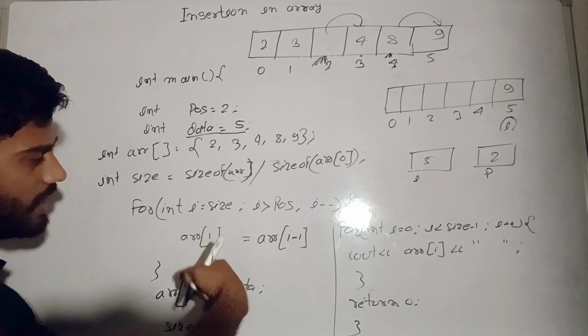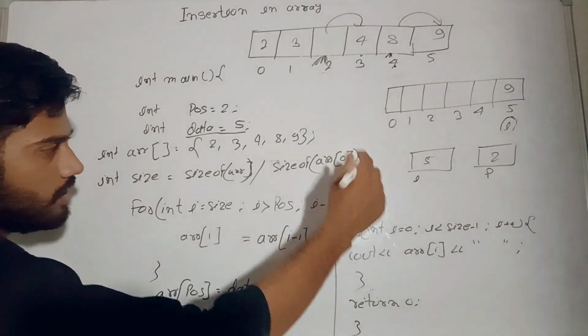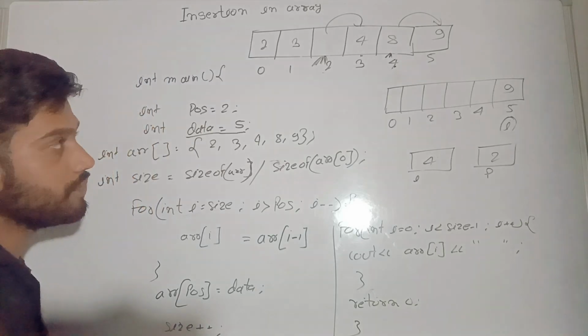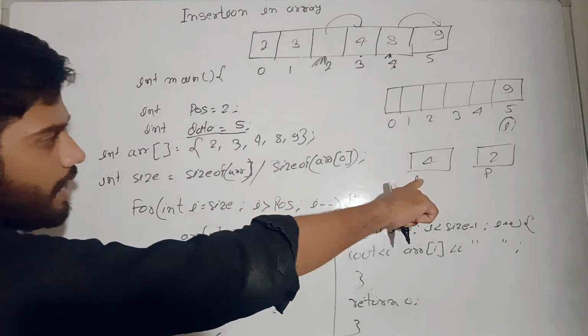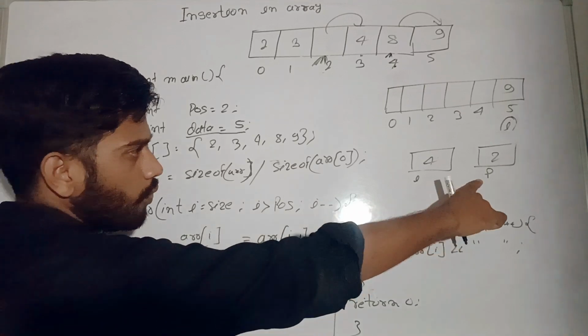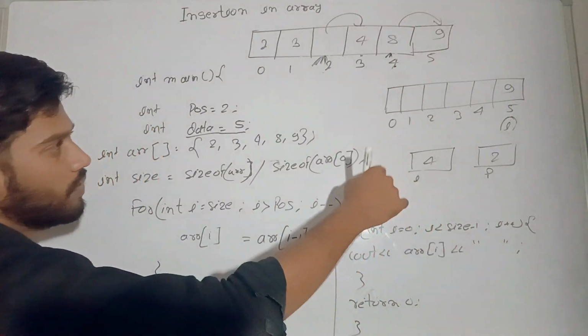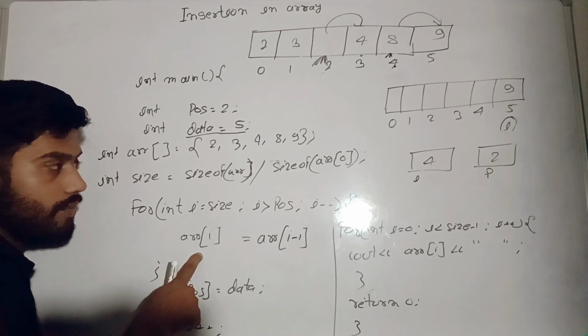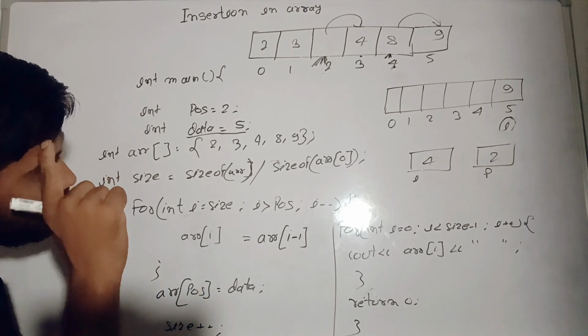Now again I will be decremented. Now I becomes 4. Okay, now it will check again: 4 is greater than 2. Yes, 4 is greater than 2. Then the controller will enter the body of the loop.